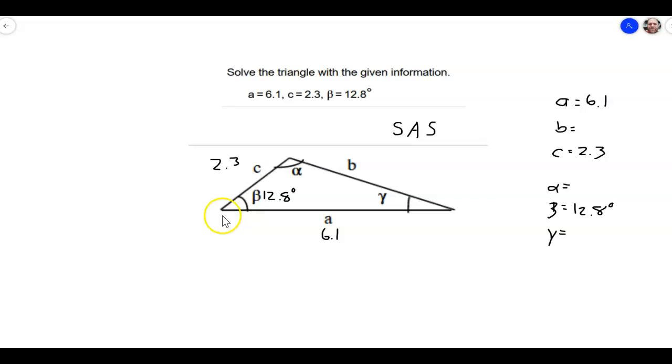Now if I were to try to use the law of sines, I would at least need to know one angle with the opposite side. But notice that I don't know any angles and their opposite side. I don't know beta and little b, I don't know gamma and little c, and I don't know A and alpha. So I don't know any sides and their opposite angles.